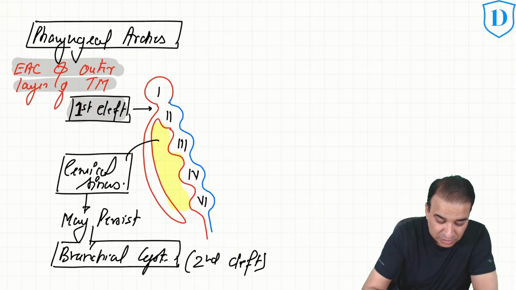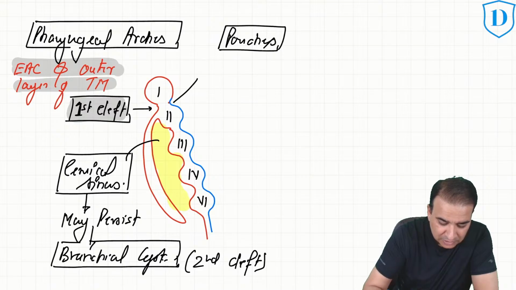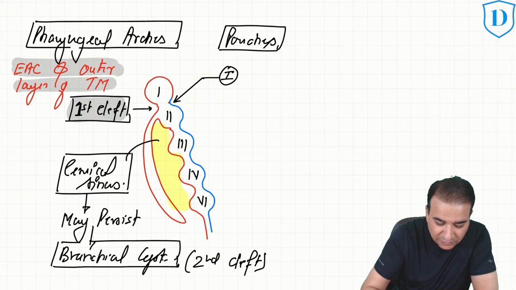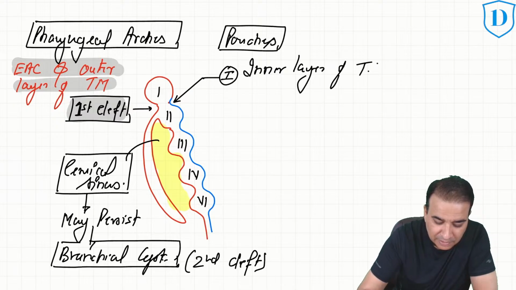But when it comes to pouches, guys, pouches तो सारे हैं आपके पास. That is the first pouch. This is the first pouch. Now what first pouch will give rise to? First pouch will give rise to the inner layer of tympanic membrane.